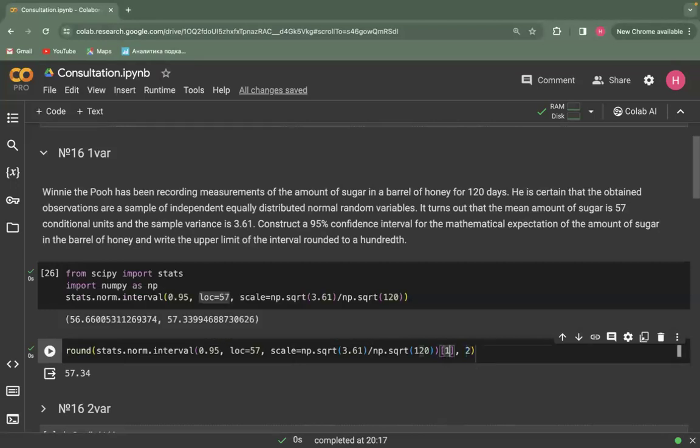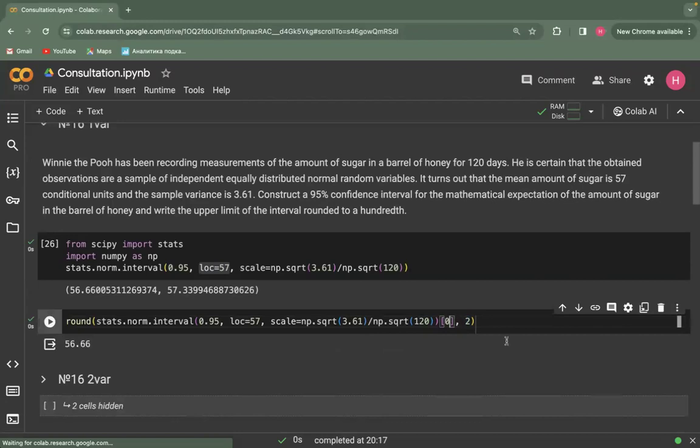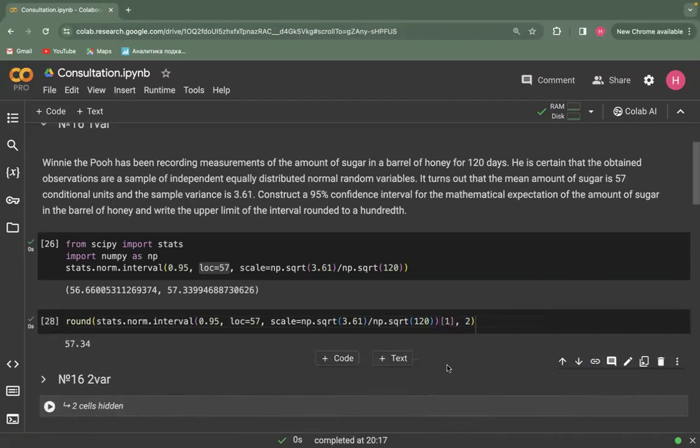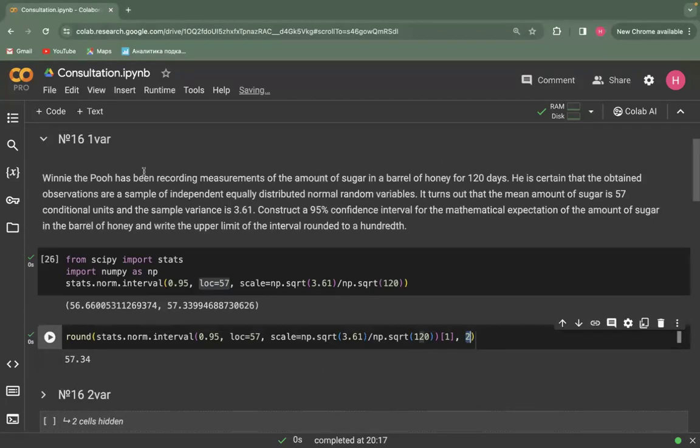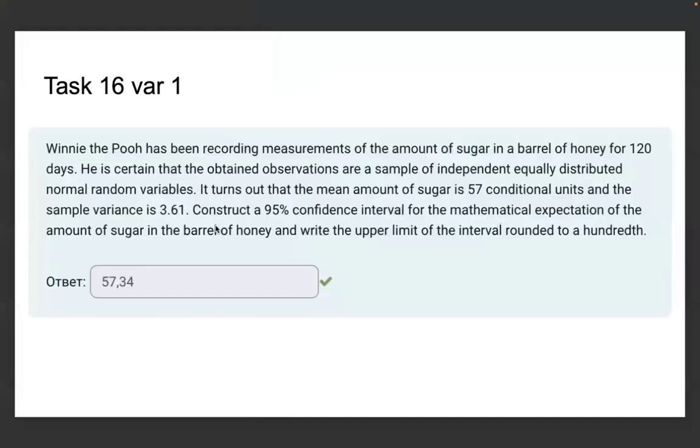Because this is a tuple, if we write 0 here, we'll have the lower limit, and if we type 1, we will have the upper limit, and we'll put 2 here to round it to hundredths. So let's check our answer, and yes, it's correct.